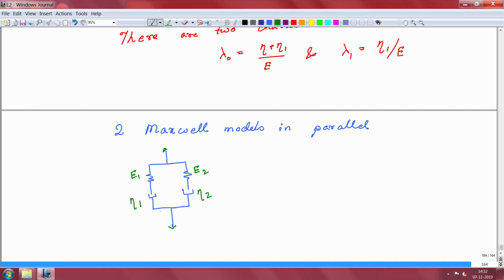So, both of them independently are going to behave like a fluid, and the system itself is going to behave like a viscoelastic fluid. So, this is appropriate. This seems to be appropriate for a viscoelastic fluid.